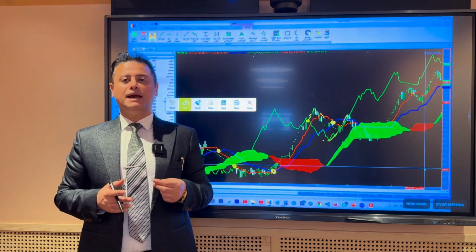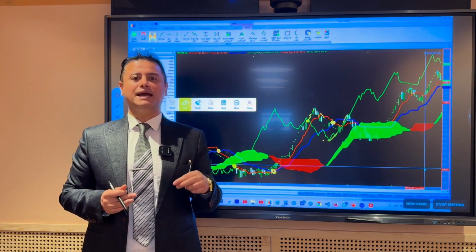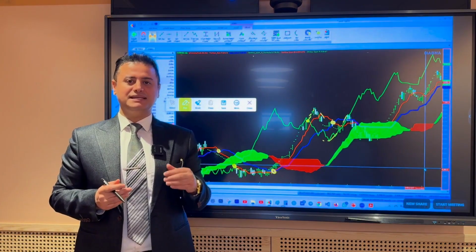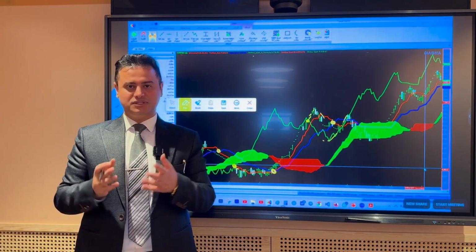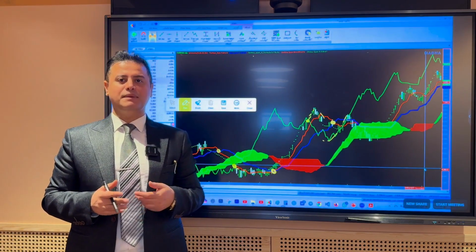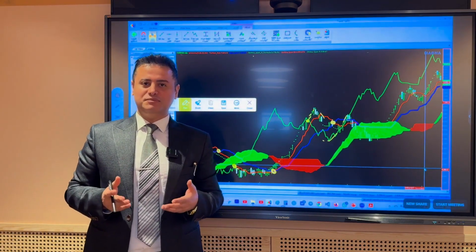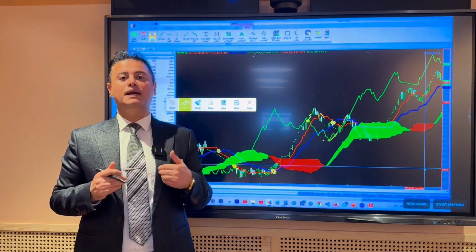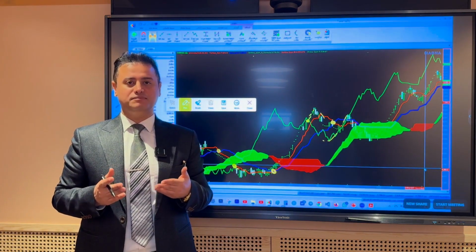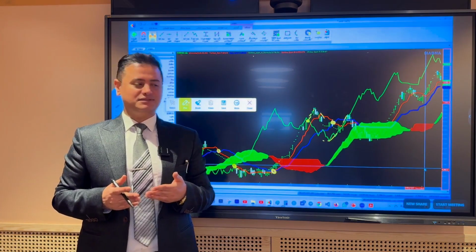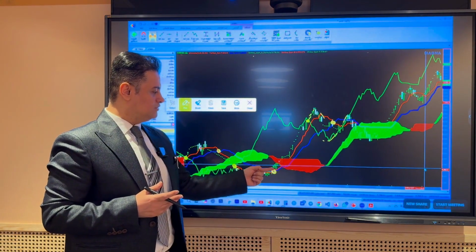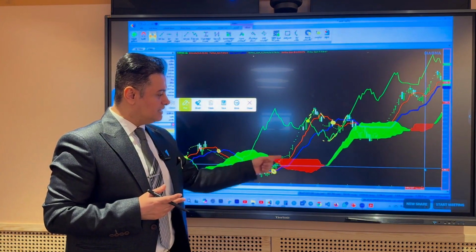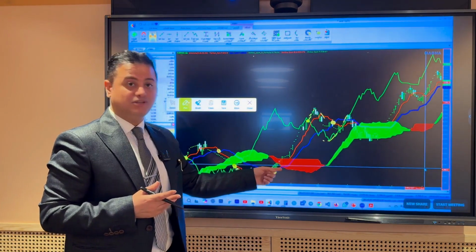I will refer to the lines Tenkan, Kijun, Kumo, and Chikou Span as red, blue, and green so that we can more easily make decisions about them. When our red line, which is my Tenkan, is above our blue line, which is Kijun. For example, see in this area, the red comes from below, crosses the blue, and now from this point onward, the Tenkan is above Kijun.